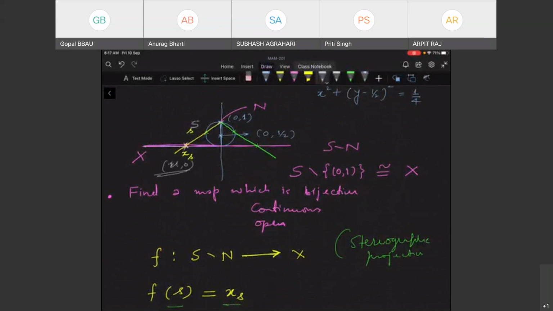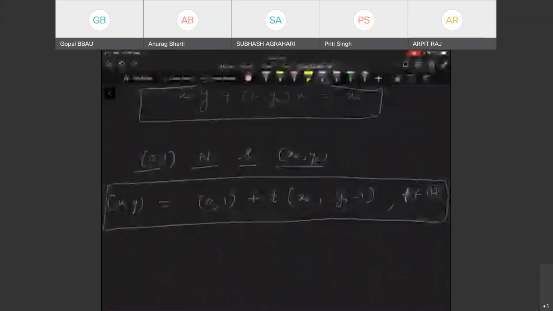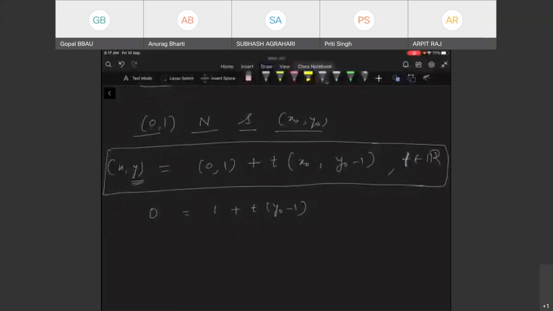Here y is 0 means 0 equals 1 plus t times (y0 minus 1). So this is one part, and x is t x0.